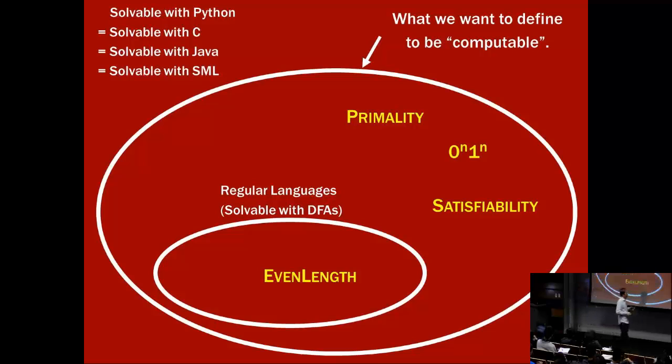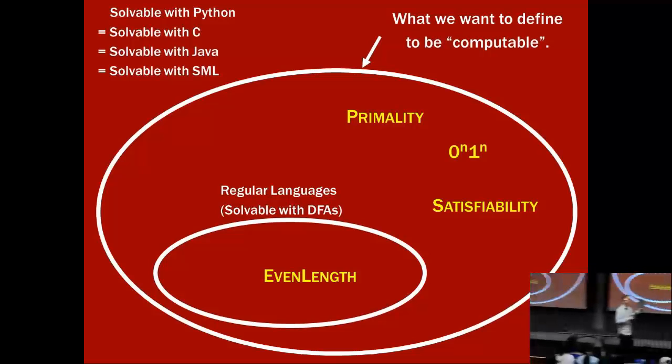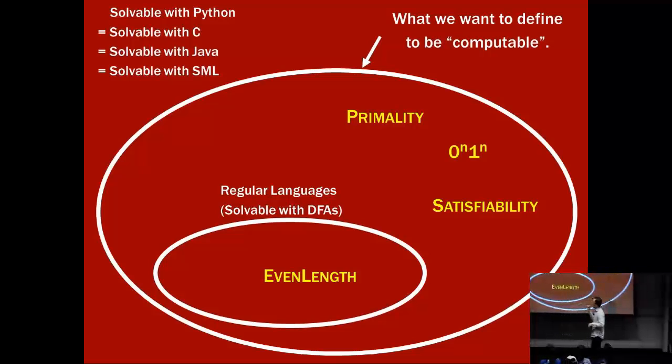That's kind of cool, because I hope it makes you agree that if this giant circle here represents all the decision problems you can solve with Python, then it's the exact same as all the problems you can solve with C, the same as all the problems you can solve with Java, etc. So there's something really cool and natural about this set of languages or decision problems, and we'd really like to find a really good definition that encapsulates it.